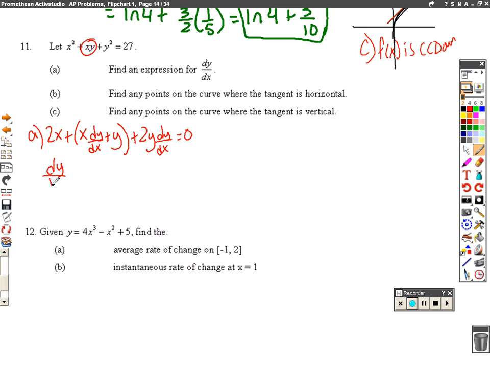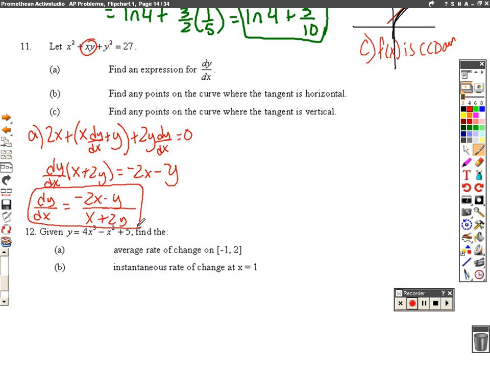So my dy dx terms I have left are x plus 2y. And everything else has gone over, so this is going to be negative 2x minus y. Finally, I get dy dx is equal to negative 2x minus y over x plus 2y.